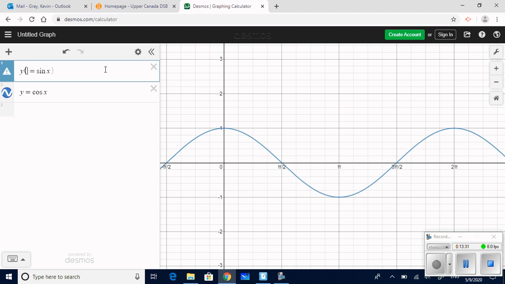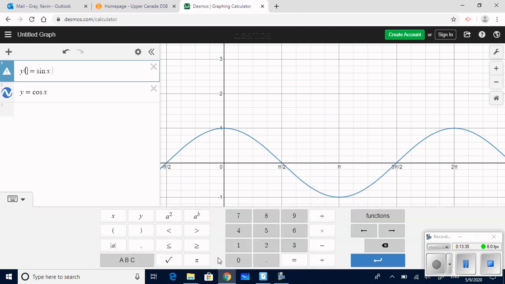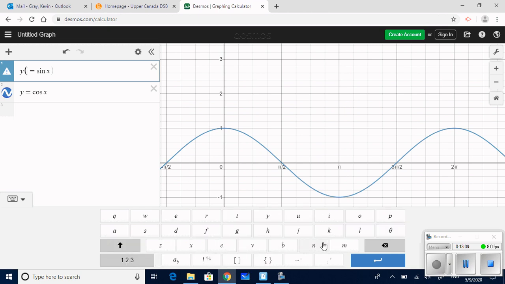I can even use theta if I like. I need to change it as a function though. I can use my keyboard. Theta should come up as a preset. There it is. And I just have to go here. Desmos still doesn't like it until I change it, and it just picks it up nicely here.